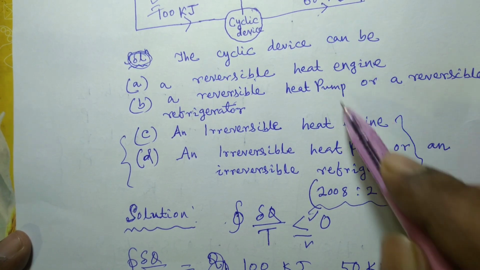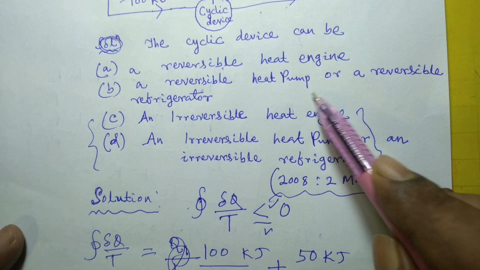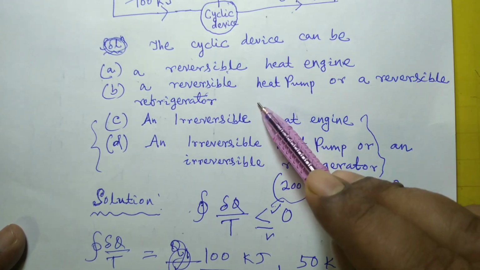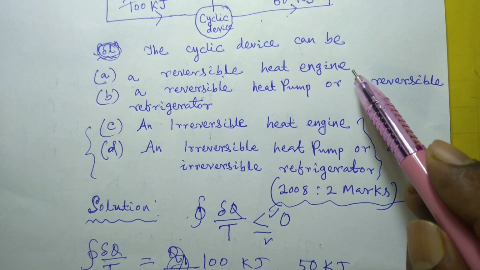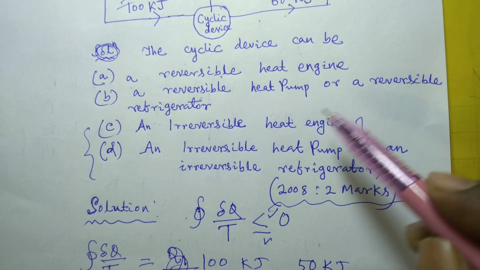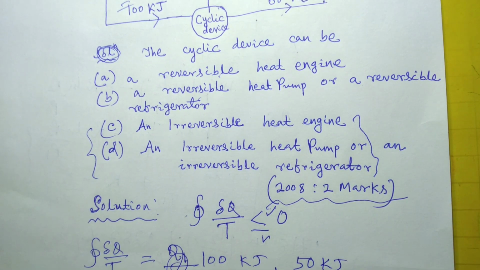Now out of these remaining options, it can be a reversible heat engine, a reversible heat pump or a reversible refrigerator. So which one is going to be the correct answer? That we have to examine. These two options are not possible because the cyclic integral of del Q by T equal to 0 means it's a reversible cycle, be it engine or refrigerator.